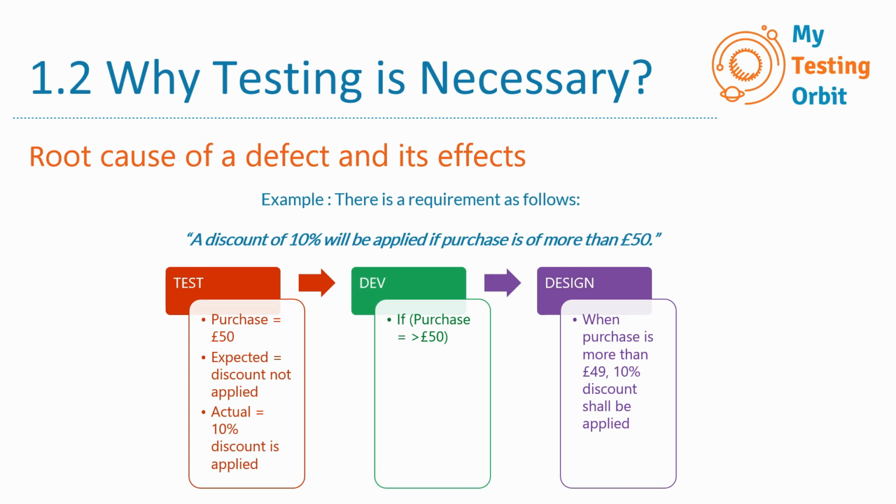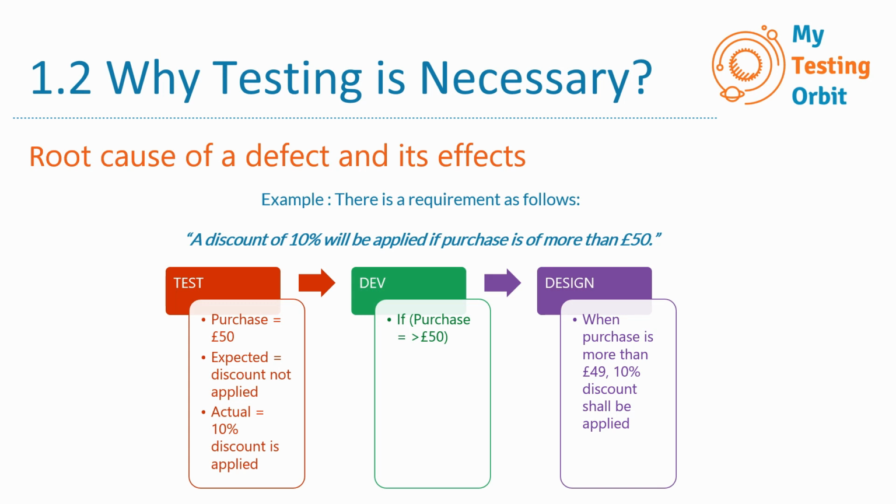So we will go one more step behind, which is design. During design, we saw that this was the design in which the requirement was captured: when purchase is more than 49, a 10% discount shall be applied.